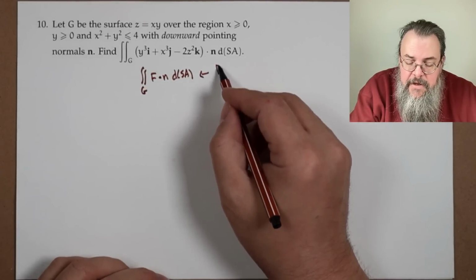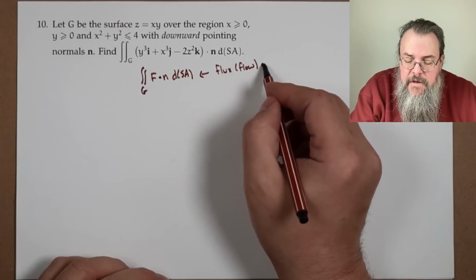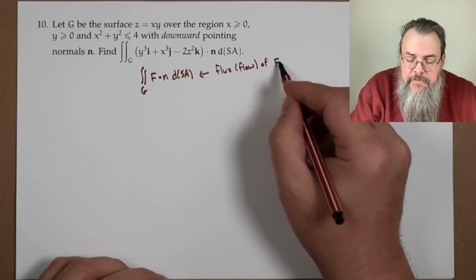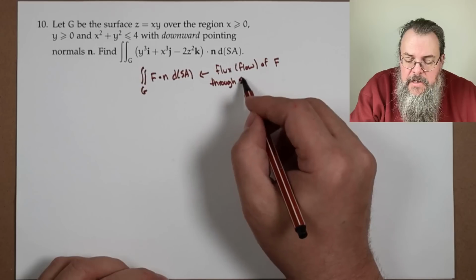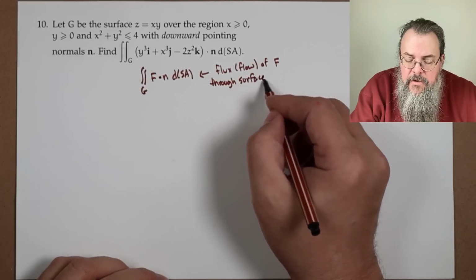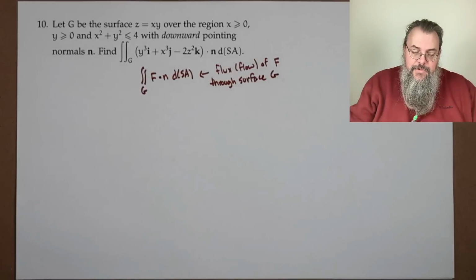It's the flux, which is just another way of saying the flow of our vector field F through our surface G. So this really is asking us to compute a flux, or a flow through a surface.